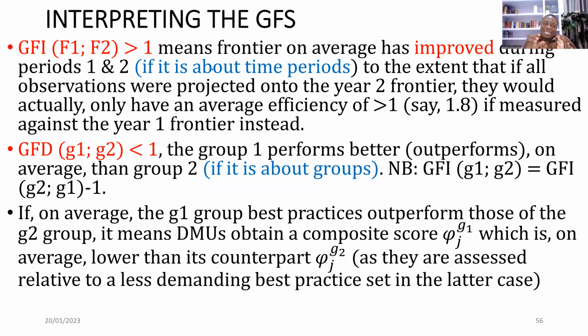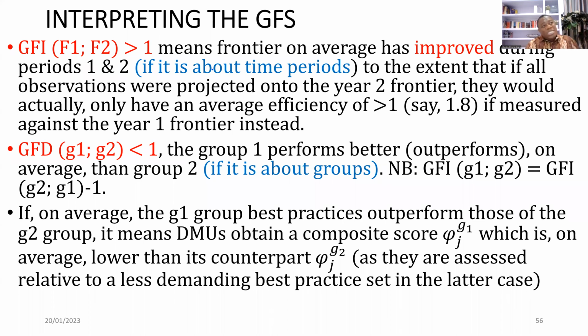Okay. But sometimes, because I understand both ways, I tend to put the two together. I can even say that this year 1 frontier, year 1 is time. This year 2 frontier is better than year 1 frontier.